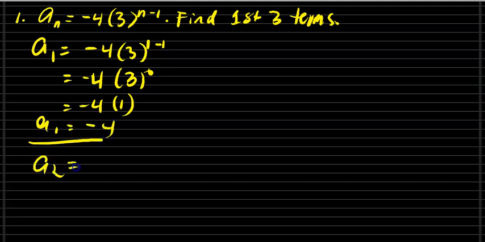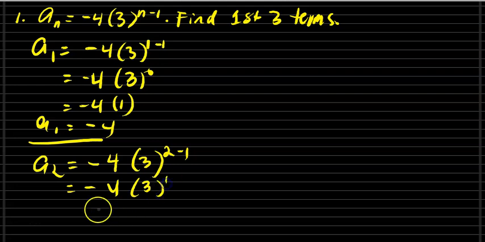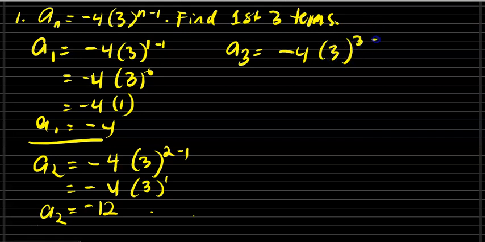a sub 2 is going to become -4 times 3 raised to 2 minus 1, which is 3 raised to 1, still the same 3. So that's going to become -4 times 3, which is -12. That's going to be your a sub 2. Now, a sub 3 is going to become -4 times 3 raised to 3 minus 1.